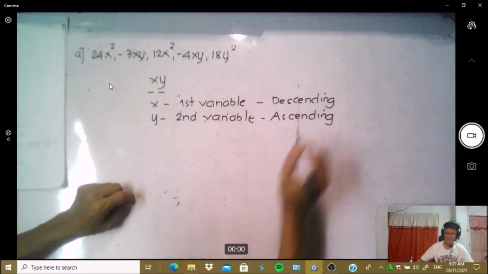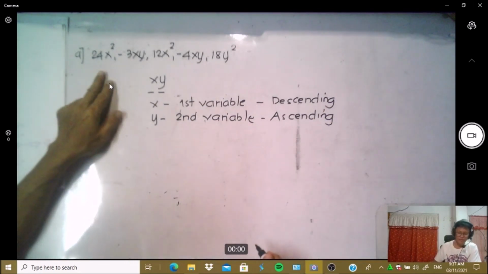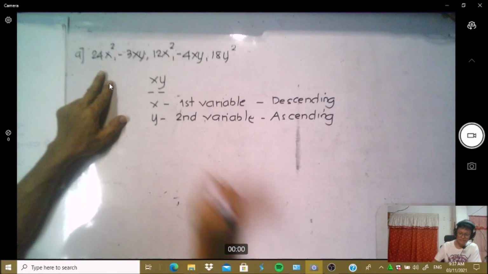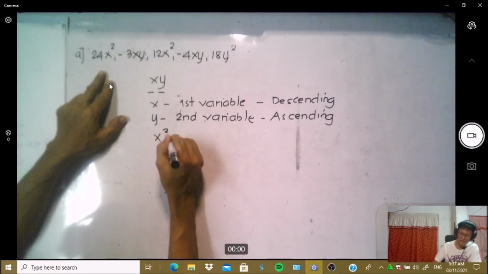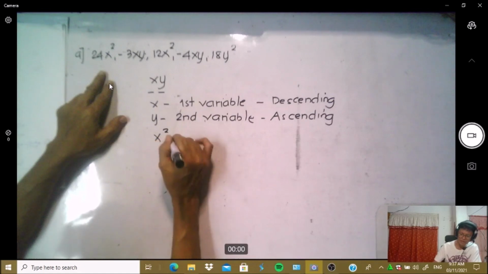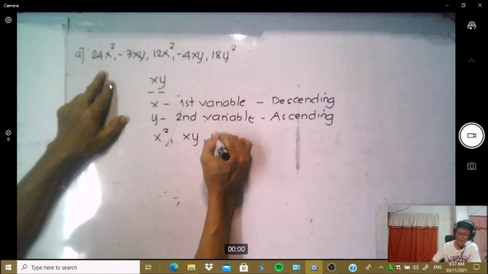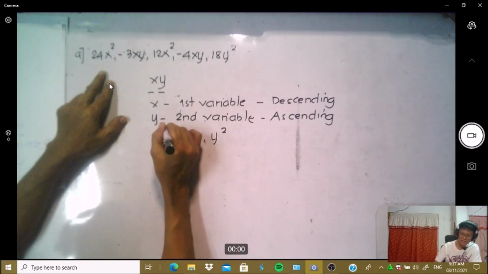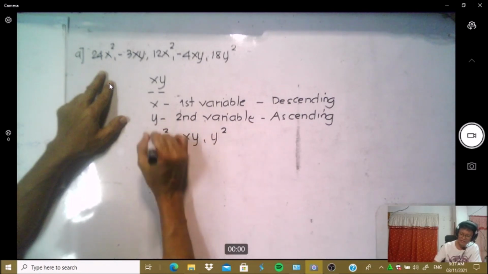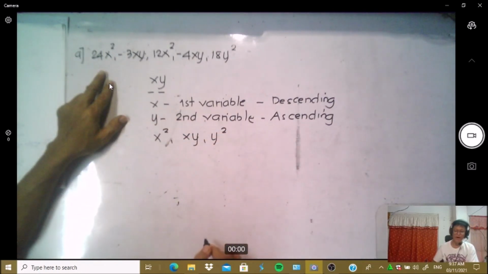Therefore, if we are going to arrange our terms, we have x squared, then next will be xy, and last will be y squared. So you will see that x has a descending power, and y has an ascending power.